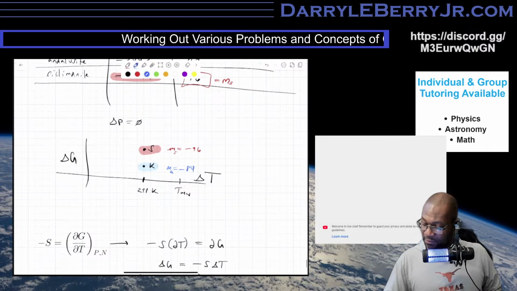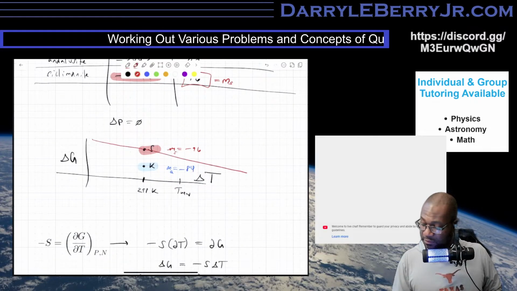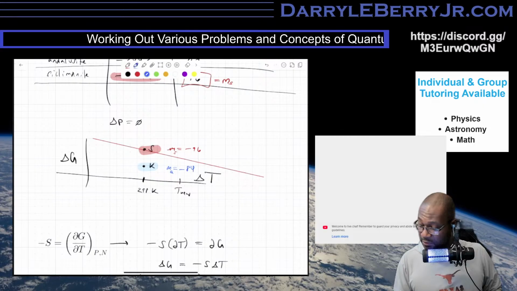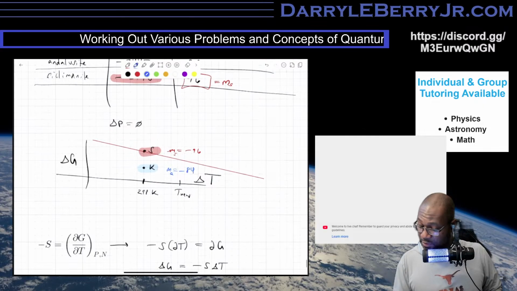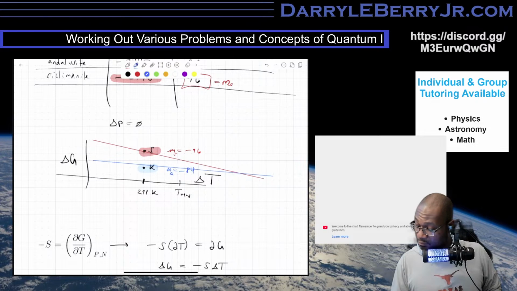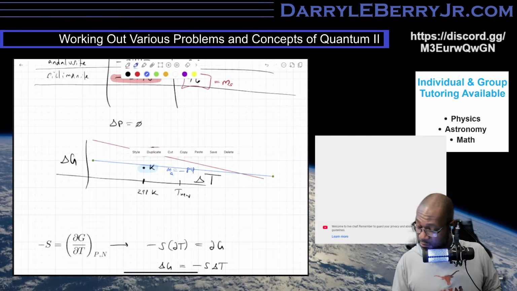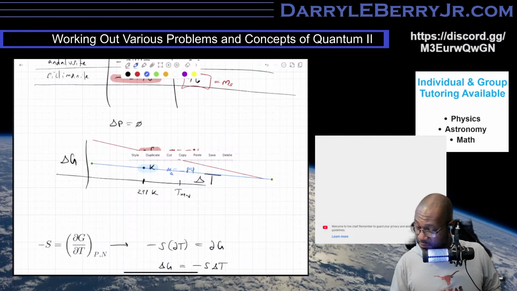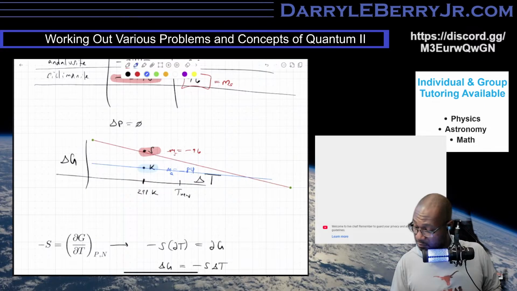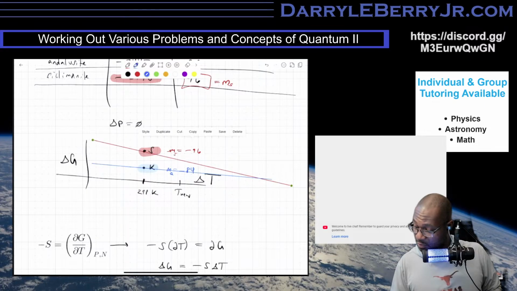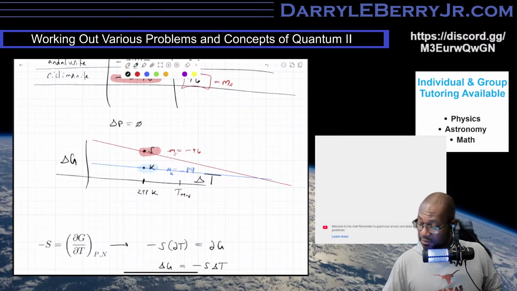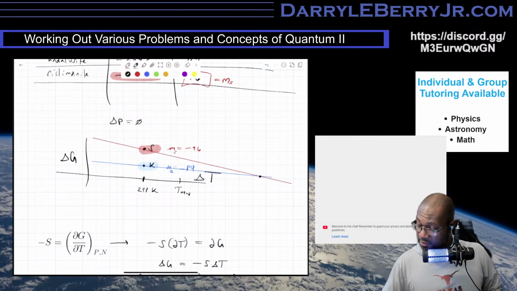So this means that the slope of this one goes something like this, and the slope of this one still goes down, but at a slightly less angle. So we can see that here, the two cross.